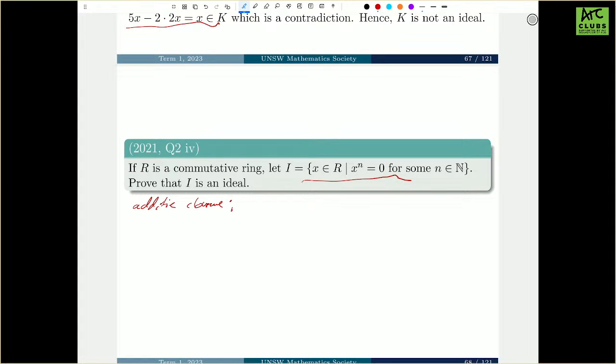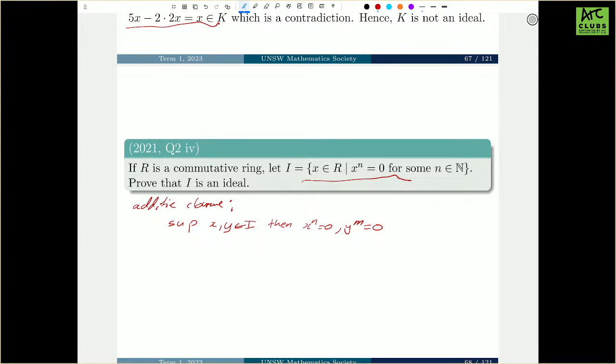So for additive closure, suppose x, y is in I. So we need to show that x plus y is in I. Well, then we have that x to the n equals 0, y to the m equals 0 for some integers n and m.